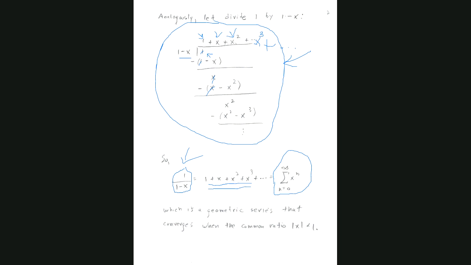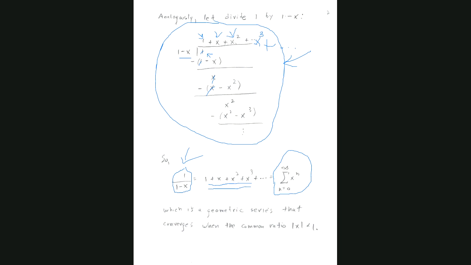Geometric series. Good, Robin. That's right. Whenever we talk about a geometric series, we think about common ratio. What's the common ratio here? That's right. Good, Robin. Good, John.